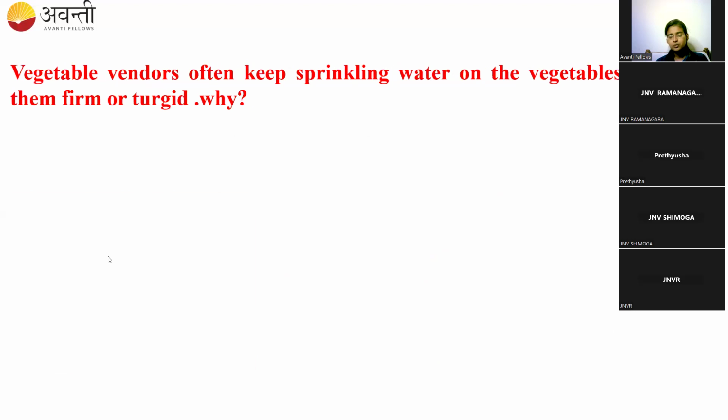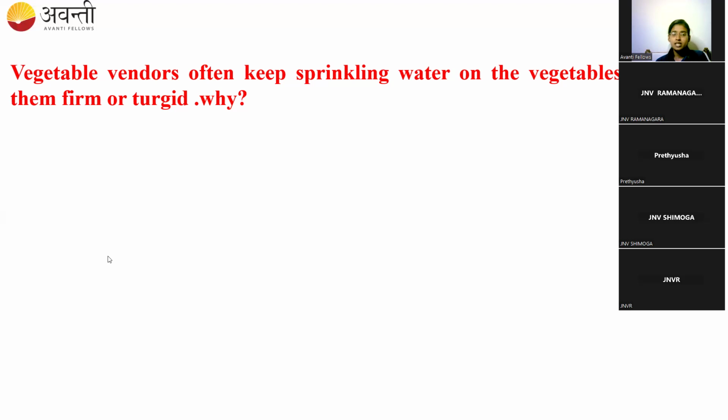And also if you see some vegetable vendors, they often keep sprinkling water on the vegetables to keep them firm or turgid. Why? Have you ever seen vegetable vendors sprinkling water on the vegetables in the shop? They do that to keep the vegetables firm and turgid.